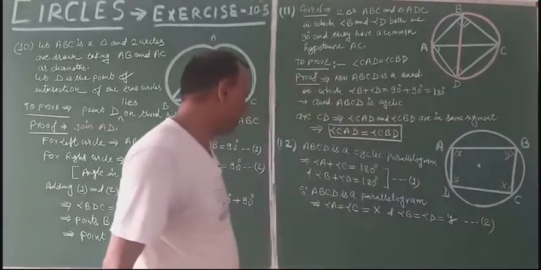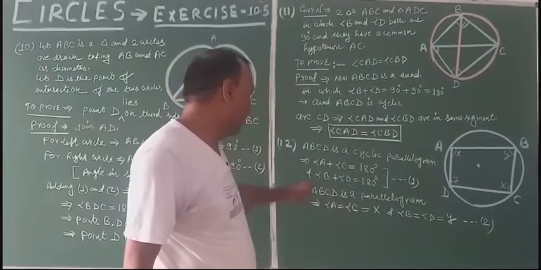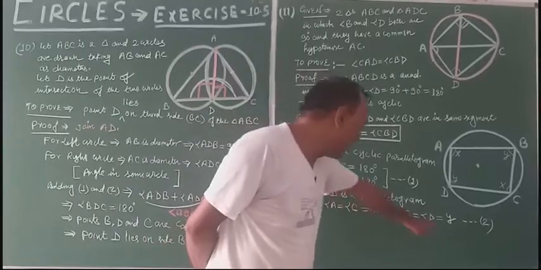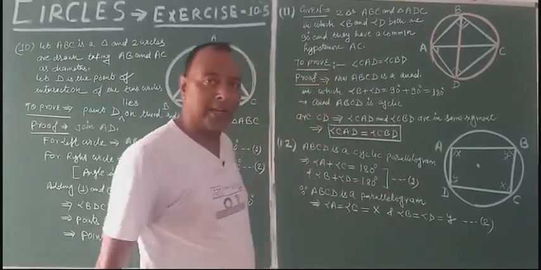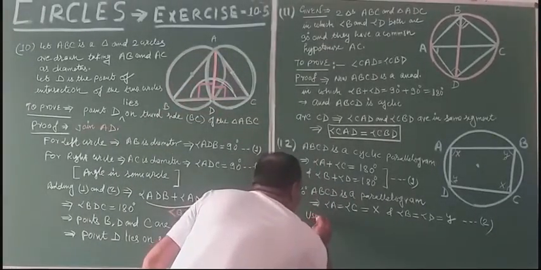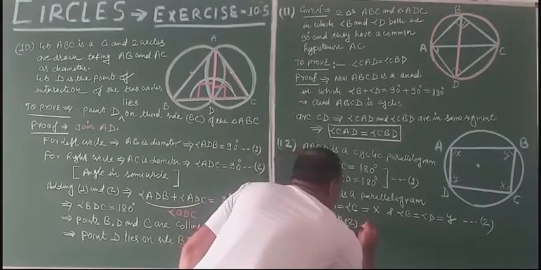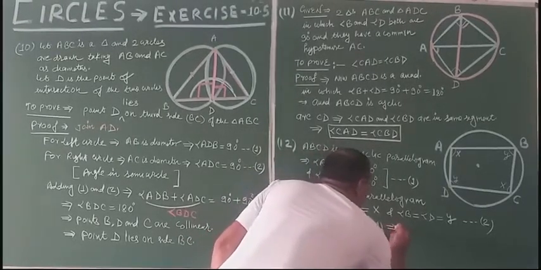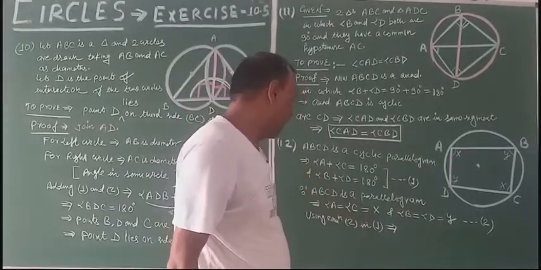Now, if angle A and C are equal, therefore X plus X is 180, and angle B and angle D are equal, then Y plus Y is equal to 180. So using equation 2 in 1, what will happen? Just look here. Angle A plus C, both are equal to X. What will happen?